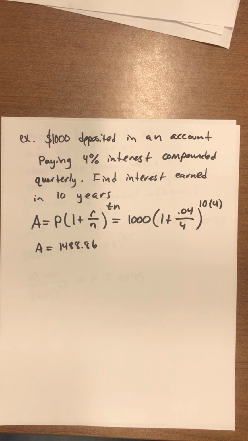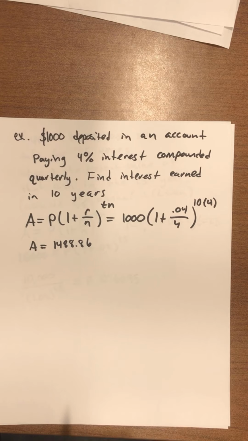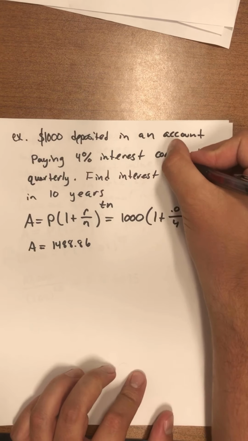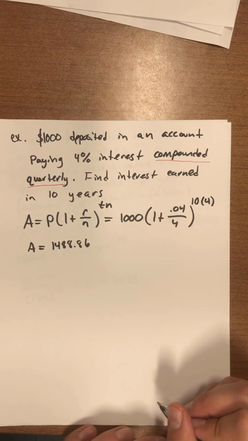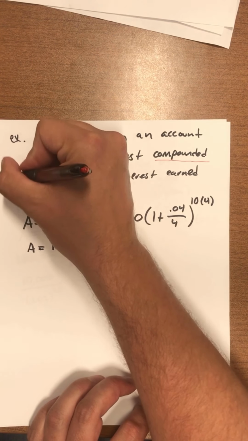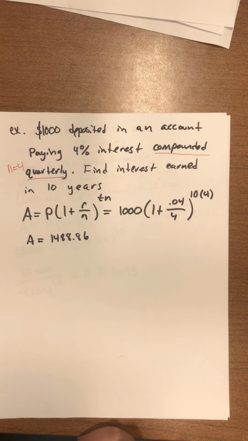So this first example, $1,000 is deposited into an interest-bearing account paying 4% interest compounded quarterly. Now quarterly means once every 3 months, which would be 4 times a year, so n equals 4. And we're going to find the interest earned in 10 years.